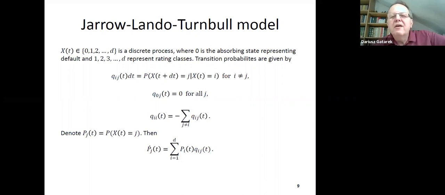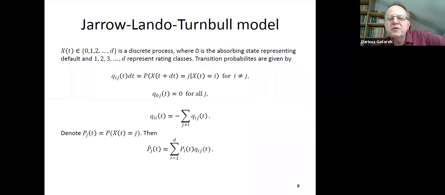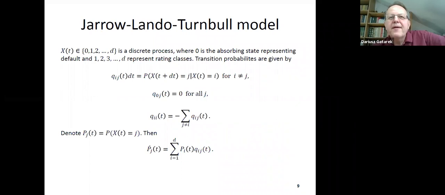Because we should expect that when the rating increases, the spread should decrease. But it's not always true.